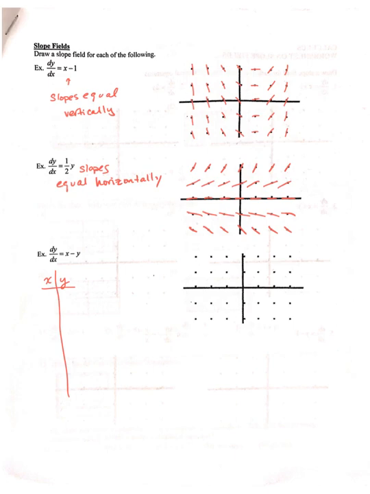Okay, so I'm going to have x equal -3. But you could see that there's going to be 5 points. Then I'm going to have x equal -2. Then I will have x equal -1, 0.